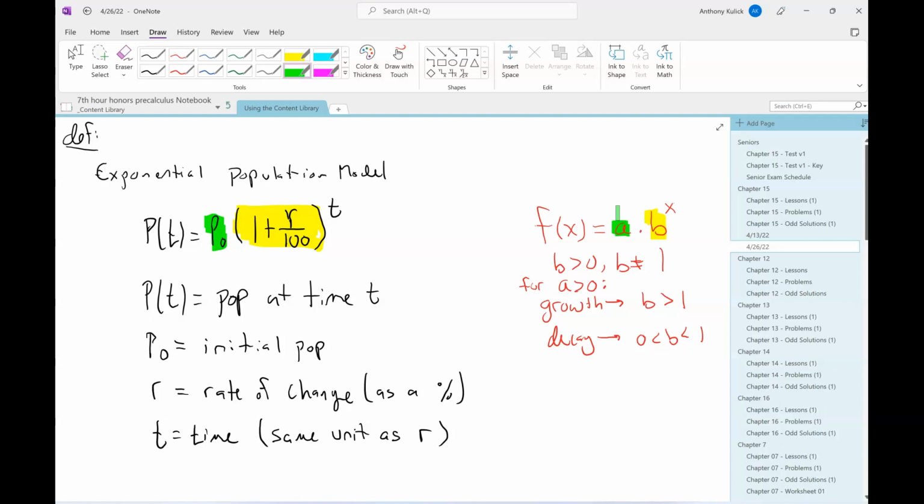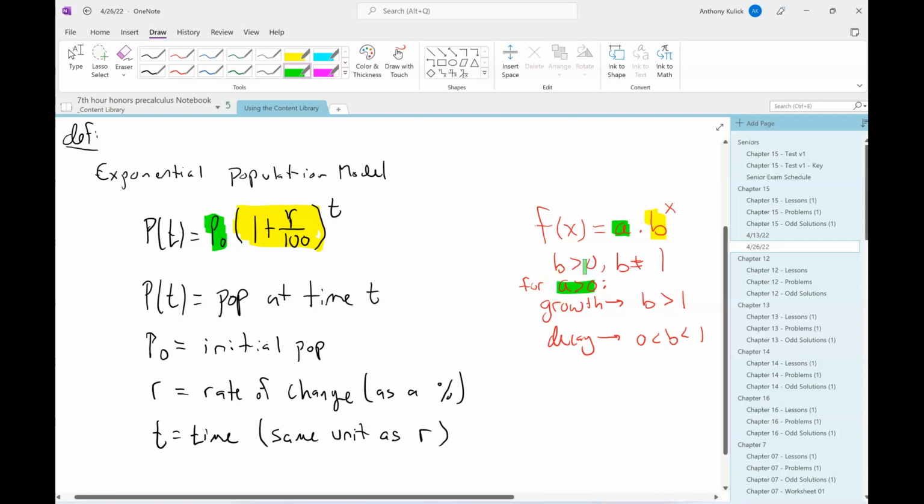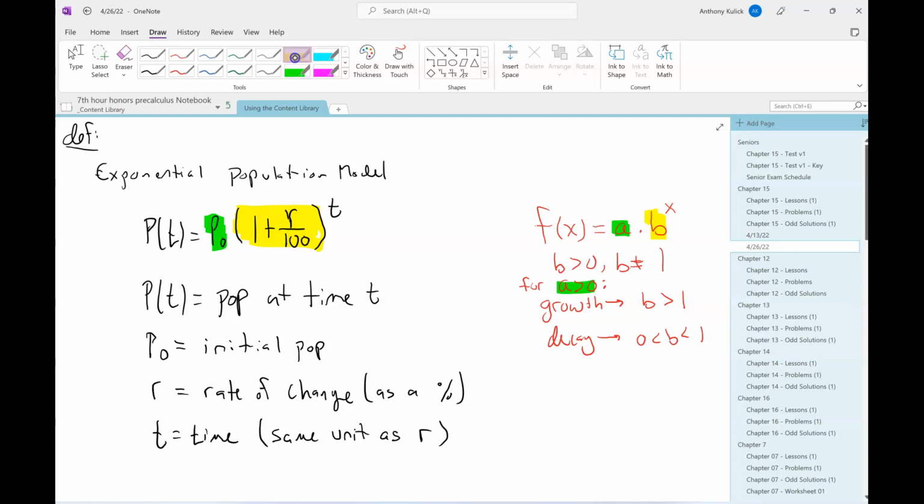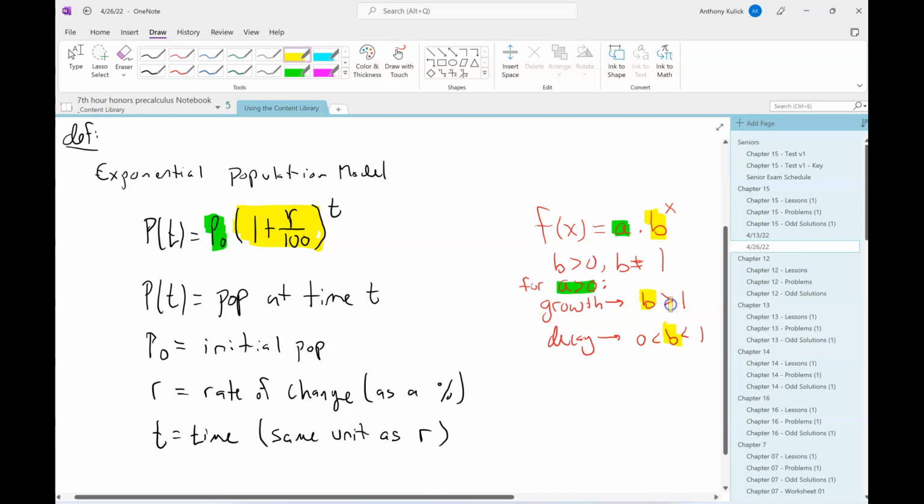Since we're talking about a population, initial population always has to be positive, right? You can't have a negative population. That makes no sense. Everybody agree? So what I can do then is look at whether that 1 plus r over 100 is greater than 1, it's growth, and if it's less than 1, it's decay. Everybody's cool with that idea?